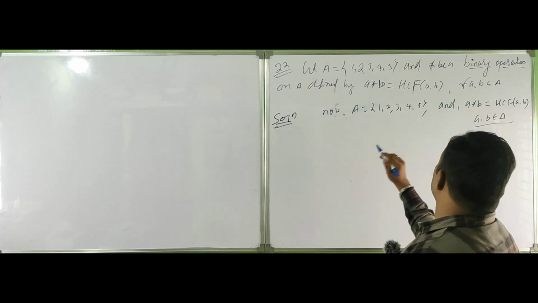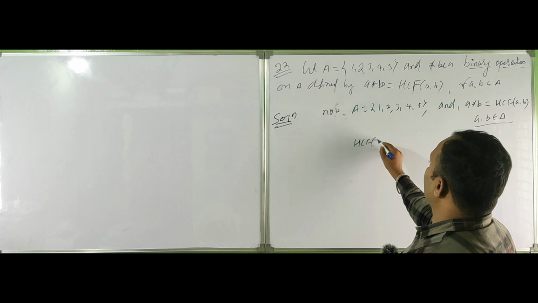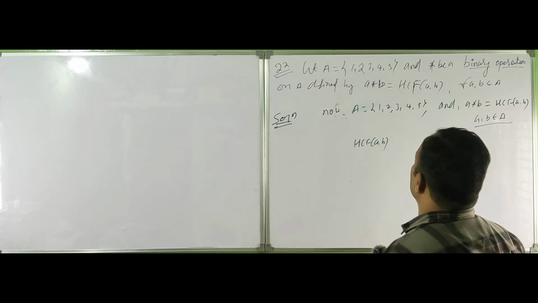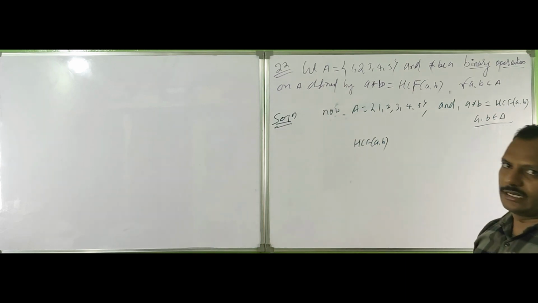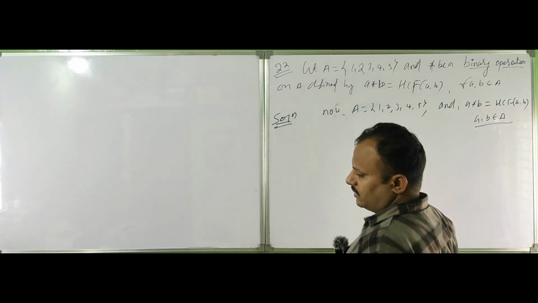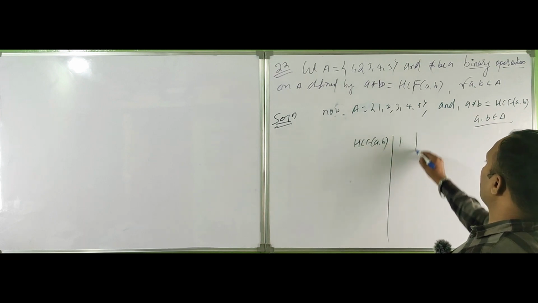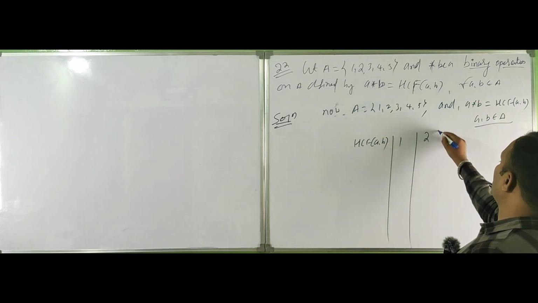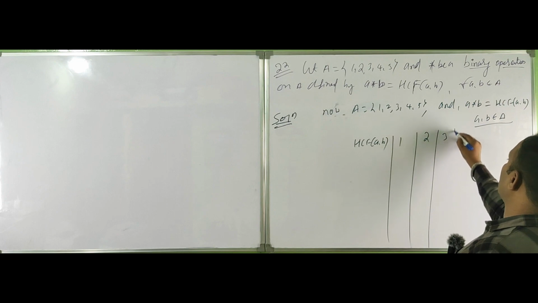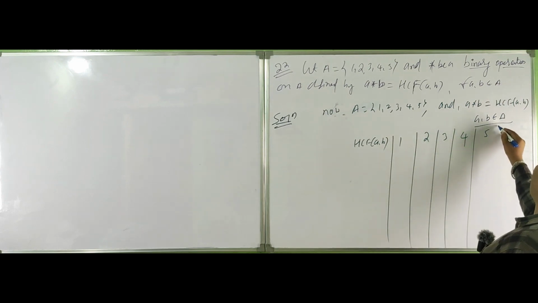For the composition table, what is the operation? HCF of A and B. You can write the star operation, or you can write HCF also. How many elements are there? 1, 2, 3, 4, 5.